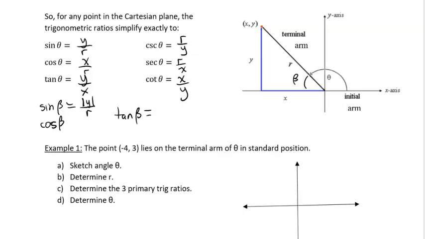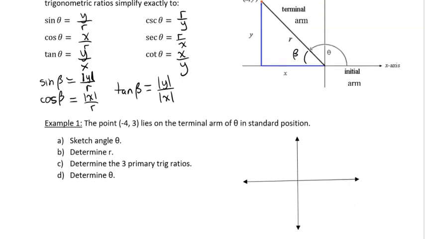Those lines just mean the absolute value. In other words, take the positive part of it, don't worry about the sign being positive or negative. The cosine would be the absolute value of x over r, and the tan would be the absolute value of y over the absolute value of x. And I'm going to show you why that's useful at the end of the first example.